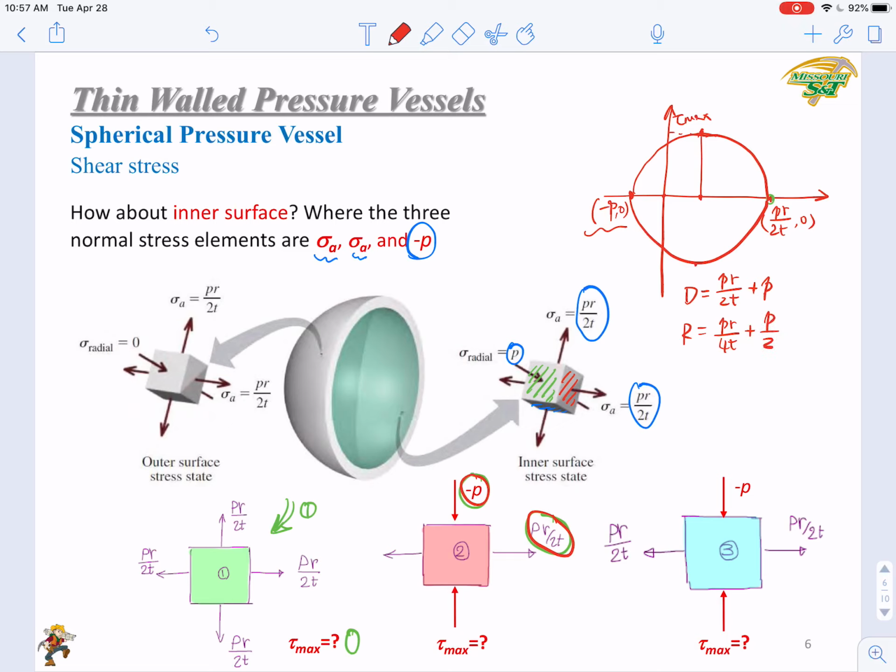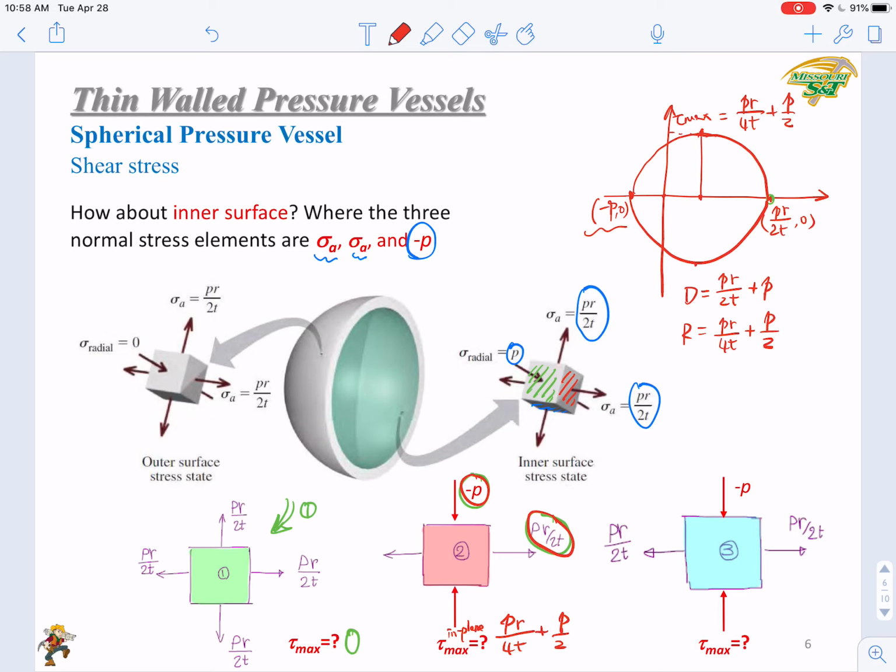So the tau max just equals PR over 4t plus p over 2. This is the in-plane maximum shear stress in case 2.